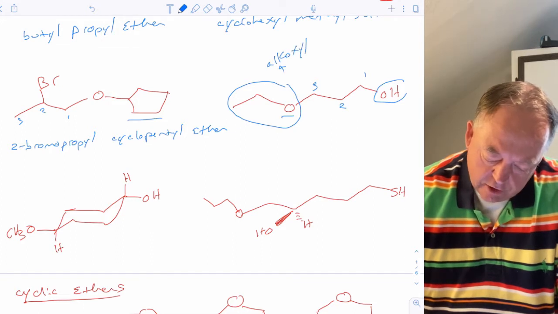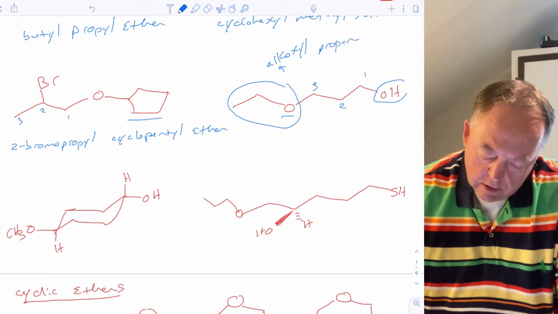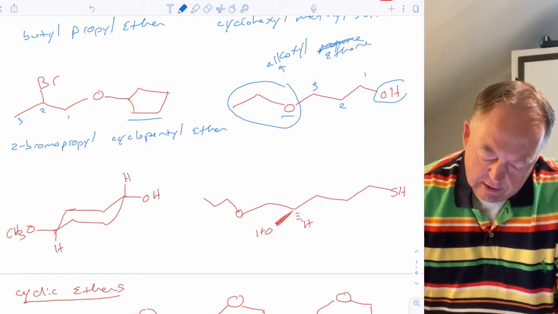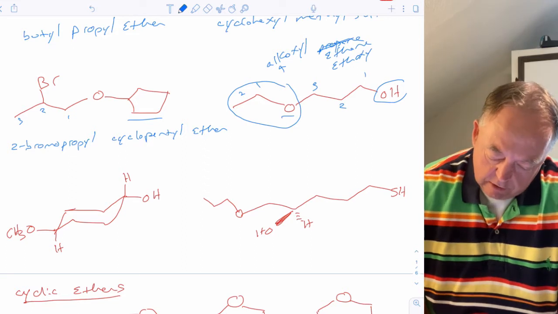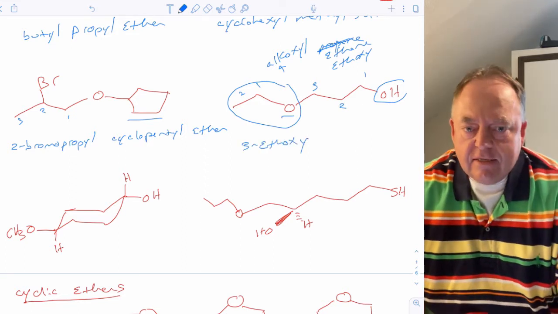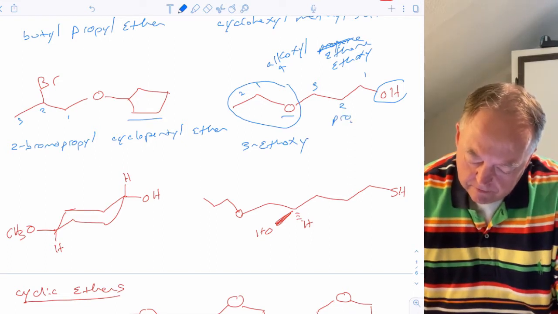So whatever the alkyl group is, in this case it's 3 carbons, propane. No, it's 2 carbons, ethane. Right, 1, 2. So that would become ethoxy. So on carbon number 3, you have an ethoxy group, and then the parent propane.